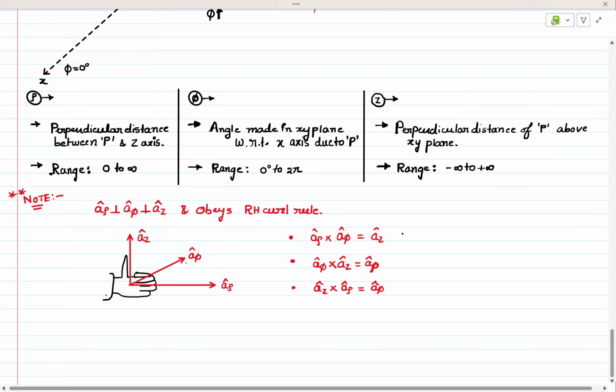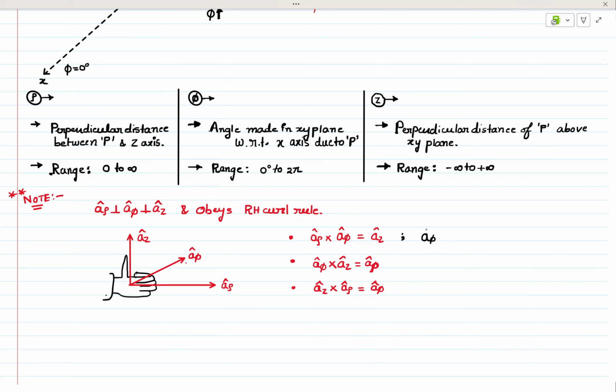And one more thing that I want to mention over here, don't try to change the positions of a rho and a phi, rho phi or z phi or z rho. Don't try to change this order, otherwise the direction will be reversed. That means if you write a phi cross a rho, that will be minus z direction. Very important. Most of the students make mistakes here, thinking that a rho cross a phi is equal to a phi cross a rho.